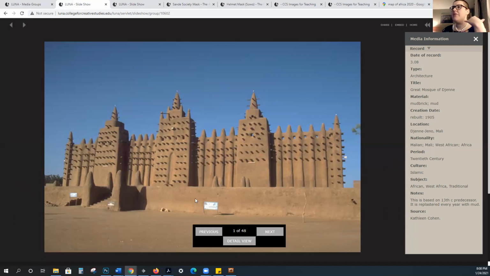Because of the nature of the materials of this structure, it is made of mud bricks, and mud has a way of deteriorating, and so every year it is recovered, and I'll get to that in a minute. But it, by the very nature of the material, is going to be changing.